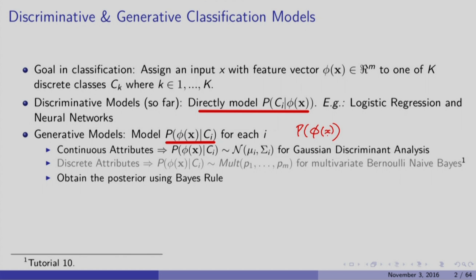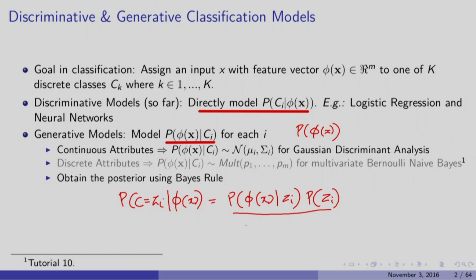Coming back to generative models for classification, the idea is to obtain the posterior using the Bayes rule. So the probability of the class being, say, Zi given the data point phi x could be obtained by multiplying the probability of generating the point from the class Zi in the first place times the probability of the class Zi divided by the probability of phi x.